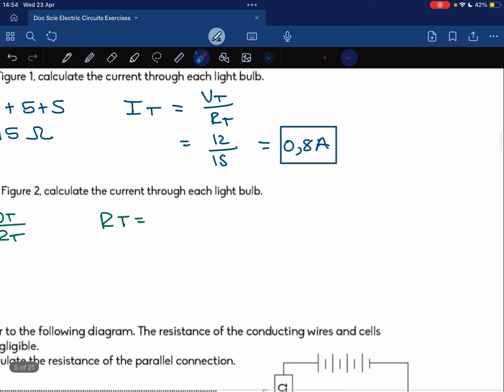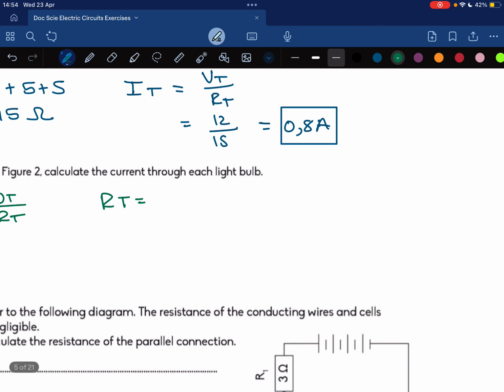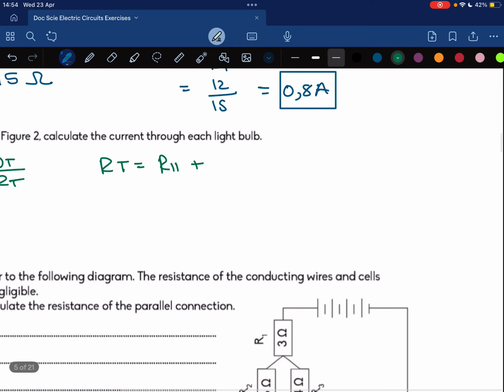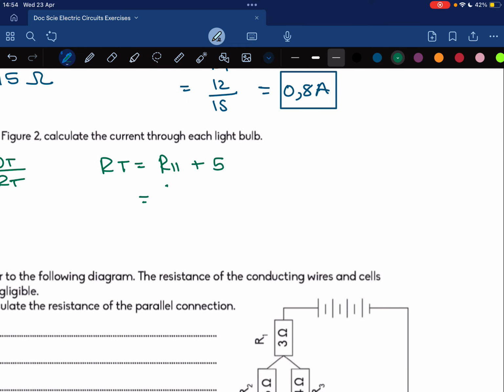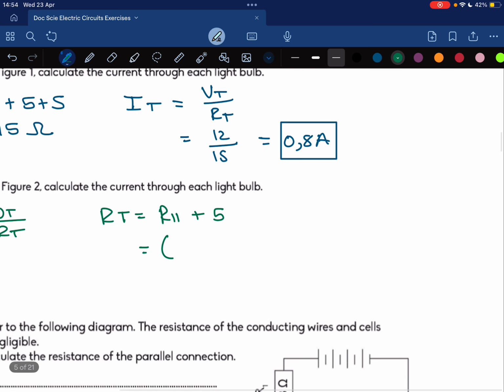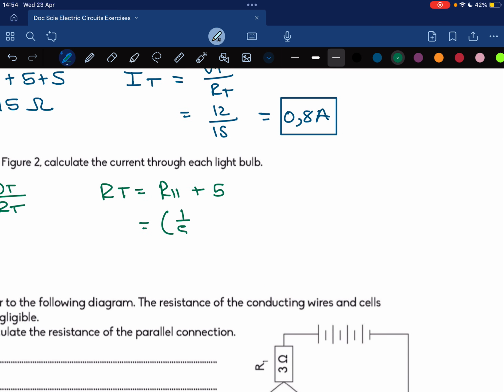So if I calculate the R parallel part, I can just add that to the 5 ohm resistor. The R parallel part is 1 over 5 plus 1 over 5, to the power of negative 1, which is 2,5, plus 5, which is 7,5.